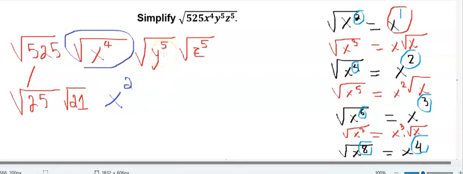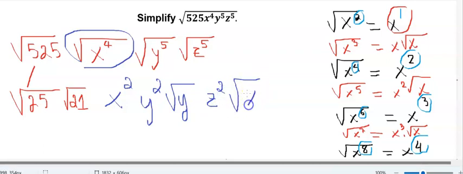What about the square root of y to the fifth? Y to the second power times the square root of y. There you go. And what about z to the fifth? Z to the second times square root of z.